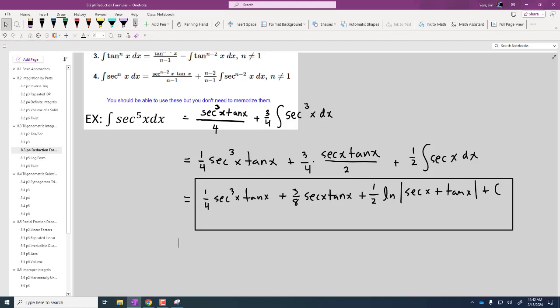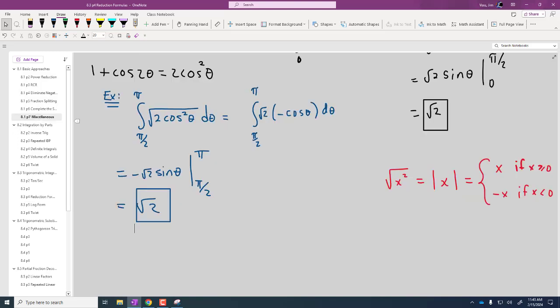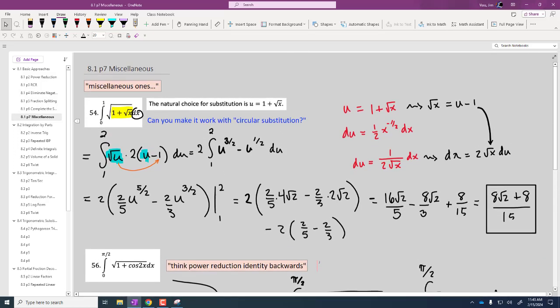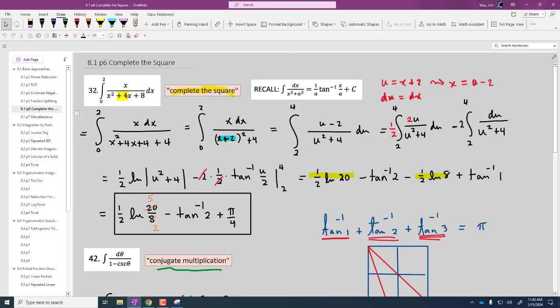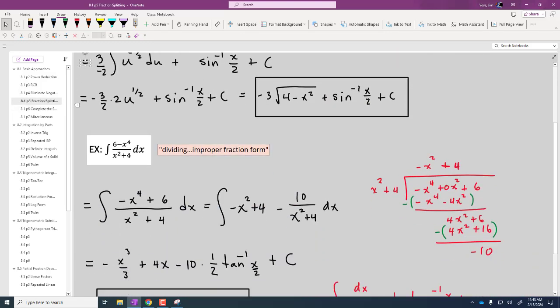Back, I think it was on Monday, Tuesday. It was somewhere over here. Yeah, I don't remember where. Doesn't matter. Complete the square? Say again? Is that where it was? Yeah, it's somewhere in there. I just don't remember. Maybe we did it the previous day.